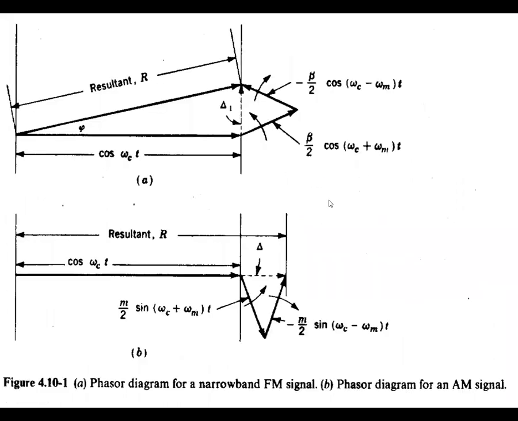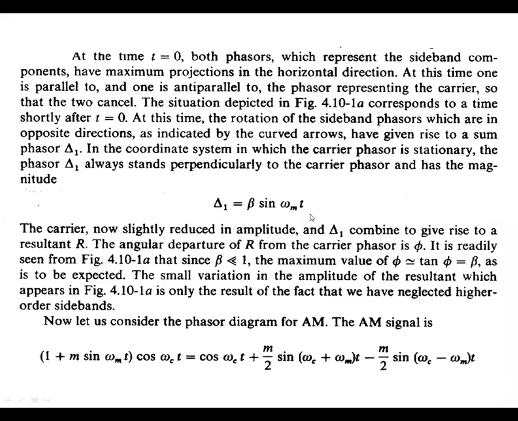The carrier, now slightly reduced in magnitude, and del 1 combine to give rise to a resultant. The angular departure of r from the carrier phasor is phi, as is readily seen in this figure.